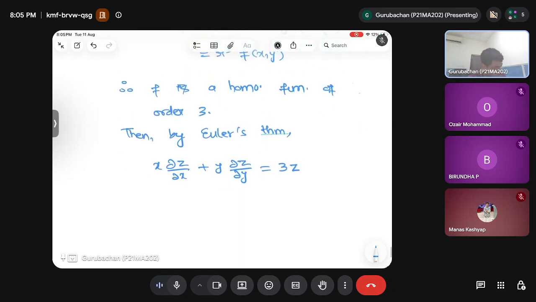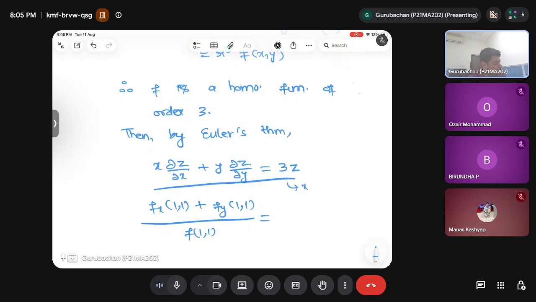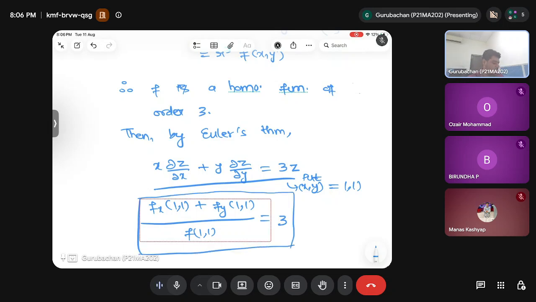Now what you need to calculate is fx at (1, 1) plus fy at (1, 1) divided by f at (1, 1). So put x and y equal to 1, then what will you get? This is the beauty of Euler's theorem. The question was looking so tricky, but when you apply Euler's theorem, it gets to the easiest one.